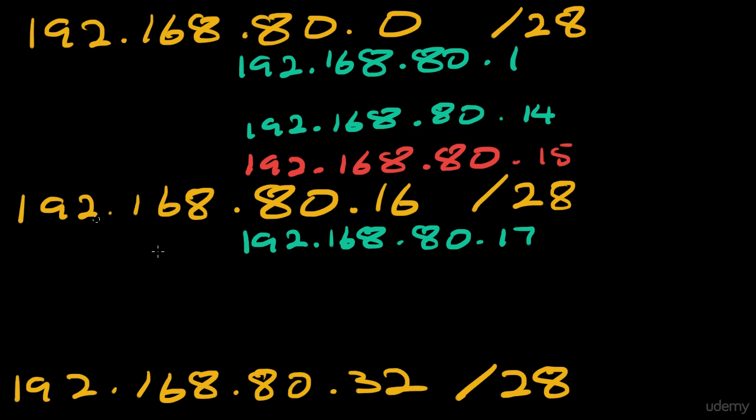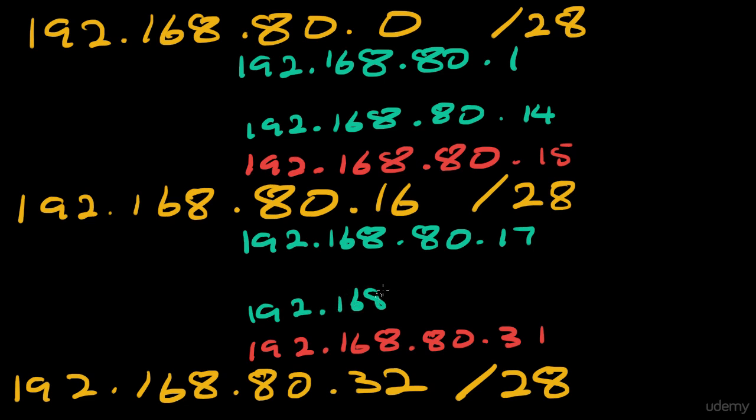So the directed broadcast IP for the 80.16 network is 192.168.80.31. The last valid IP address for the 80.16 network is therefore 192.168.80.30.